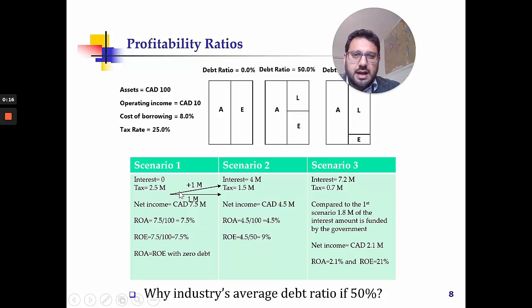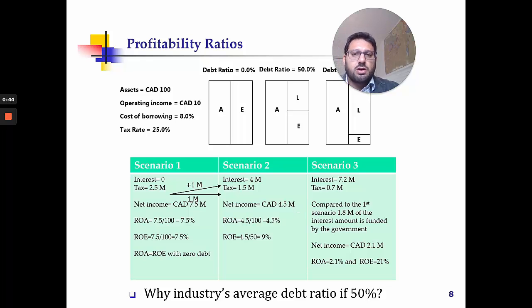So we can say that a part of the interest payment is actually financed by the government, because now they are receiving less taxes. That's why interest is tax deductible. This actually reduces the cost of borrowing, the after-tax cost of borrowing for the firm. So 1 million out of the 4 million interest payment the government has financed.